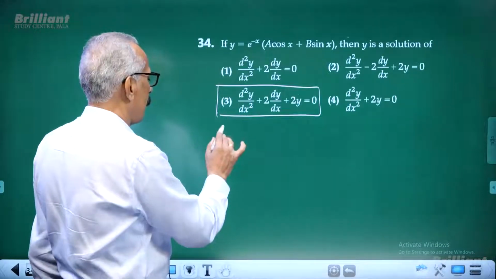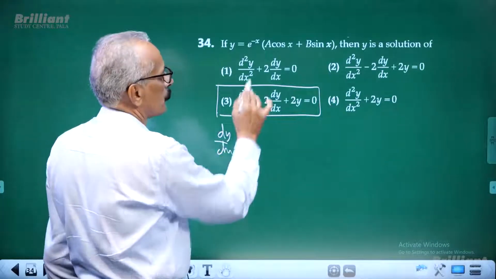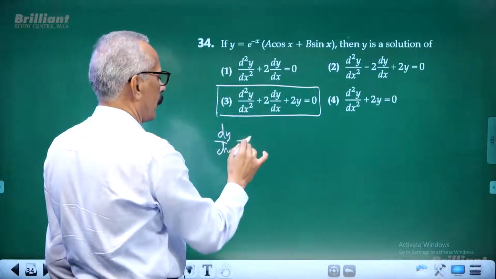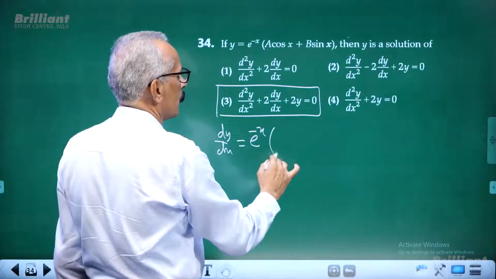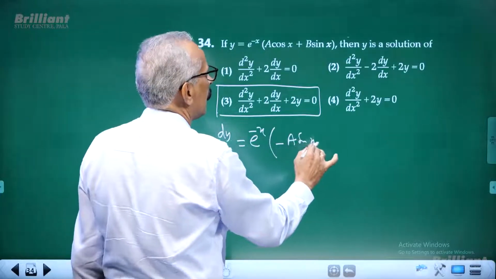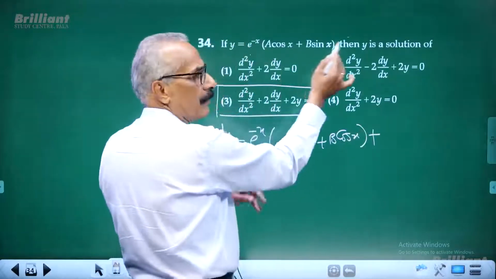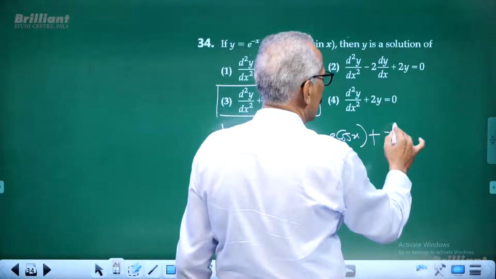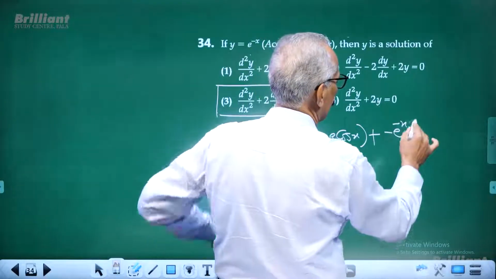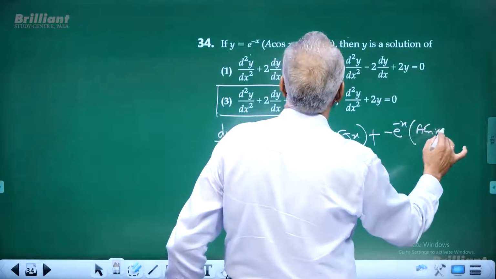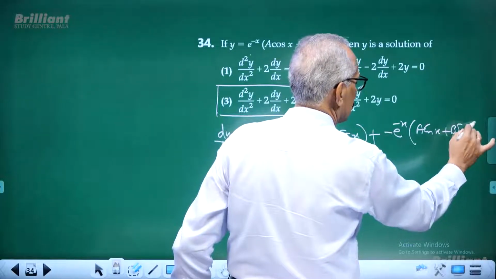Alright, dy by dx, please calculate. E raised to minus x into minus a sin x plus b cos x, plus first into derivative of the second, plus minus e raised to minus x, derivative of the first, into a cos x plus b sin x. Correct.